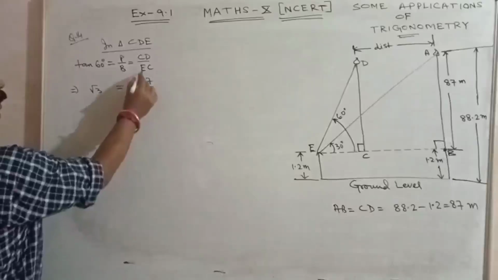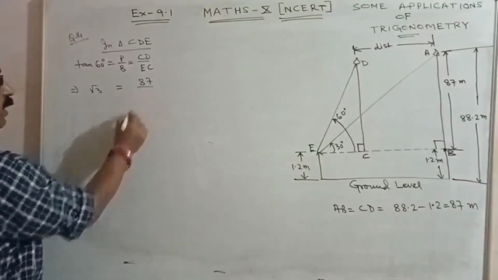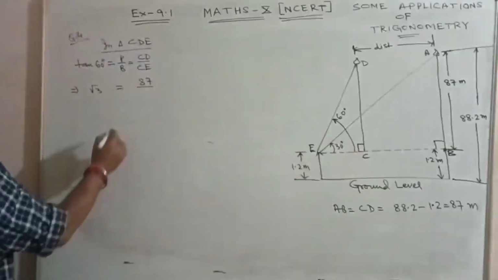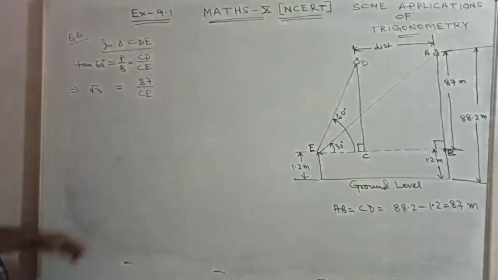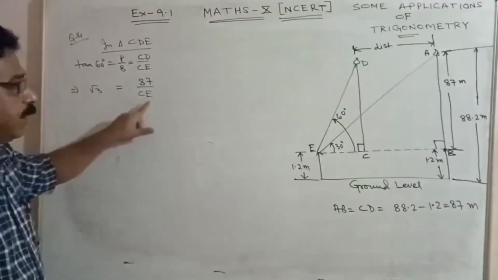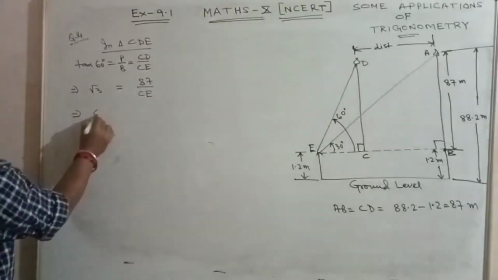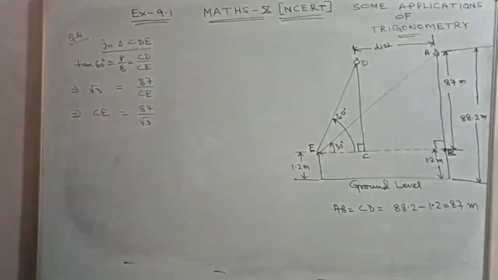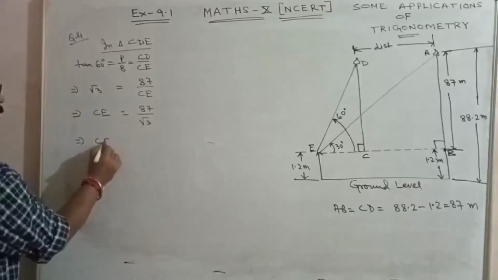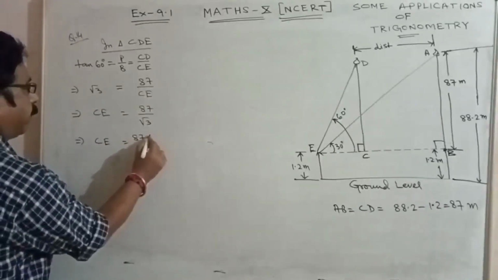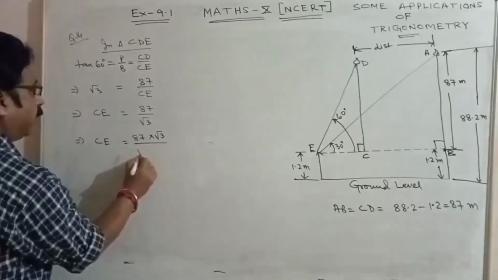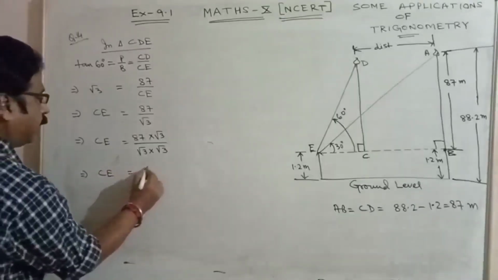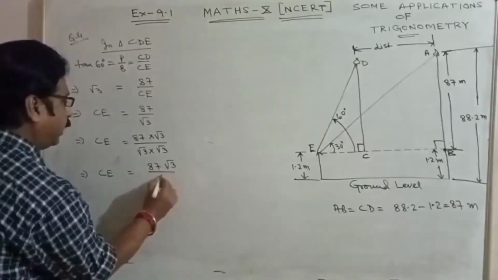So root 3 equals 87 upon CE. Shifting, CE equals 87 upon root 3. We can rationalize: CE equals 87 into root 3 by root 3 into root 3. CE will be 87 root 3 upon 3.